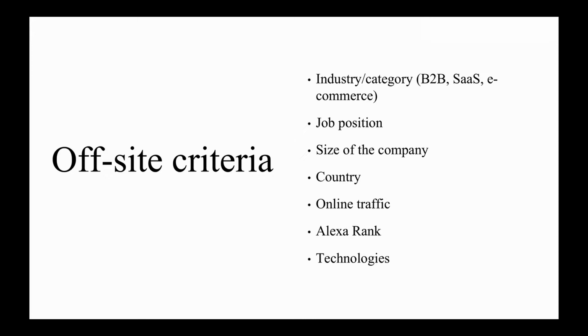So firstly, we have a business card. Let's answer the question, what is the industry, what is the category of the business that the person is running? Whether it's a B2B, but with the main focus on the online business, meaning that their focus is on content marketing, the website is the main focus.